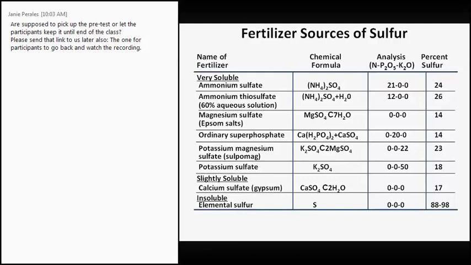Elemental sulfur, very high in sulfur, about 88 to 98%. I do not recommend that you use this as a source of sulfur for most of your homeowner needs. This is a good source if you want to try to acidify the soil, but you really have to be careful with this one, because you put this into the soil and it acts very rapidly.